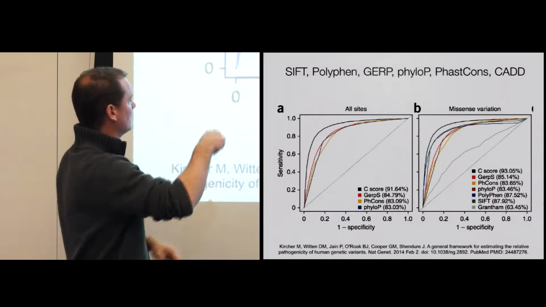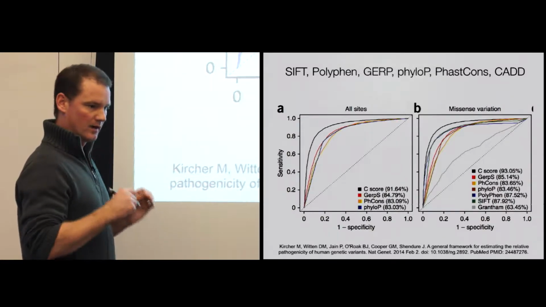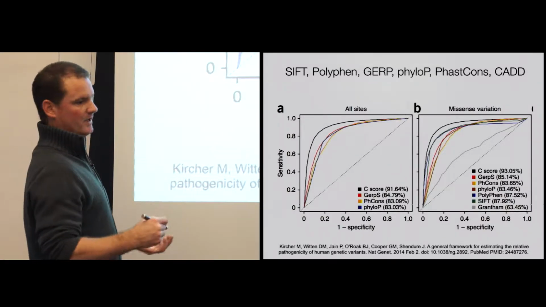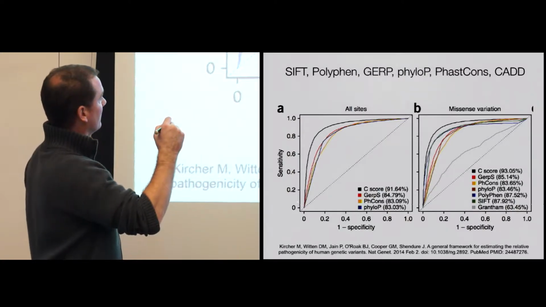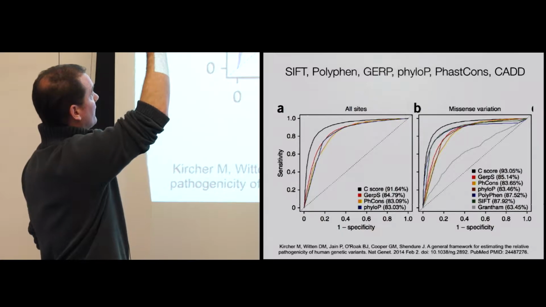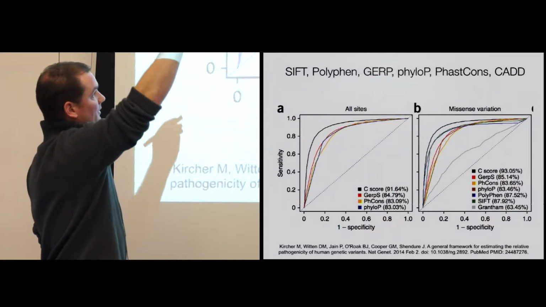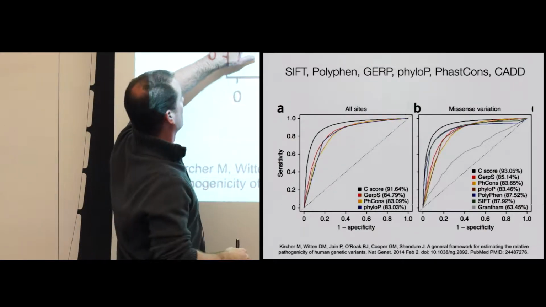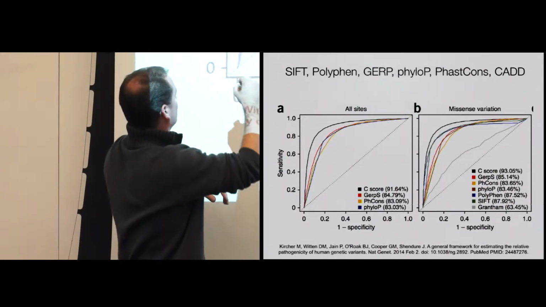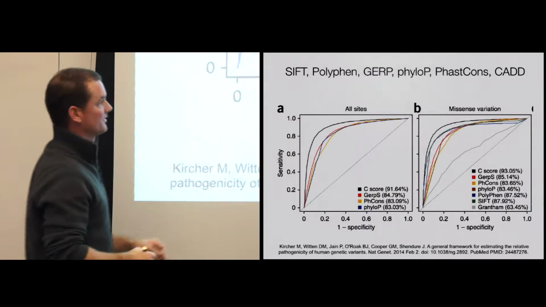A method that always predicts the right answer without ever missing any predictions would have an area under the curve equal to 1. So the line would go straight up and then straight over. The more the line approaches this upper left-hand corner, the more accurate the prediction method is.